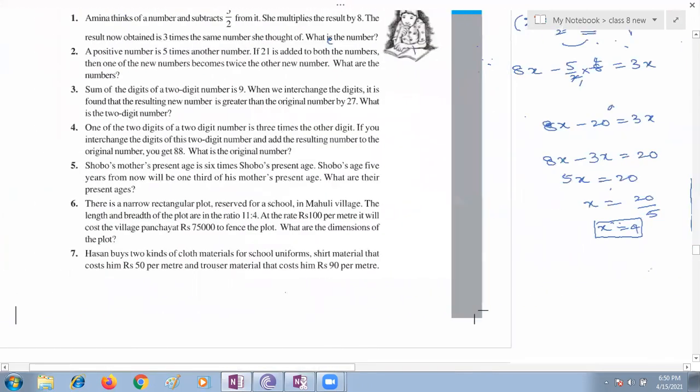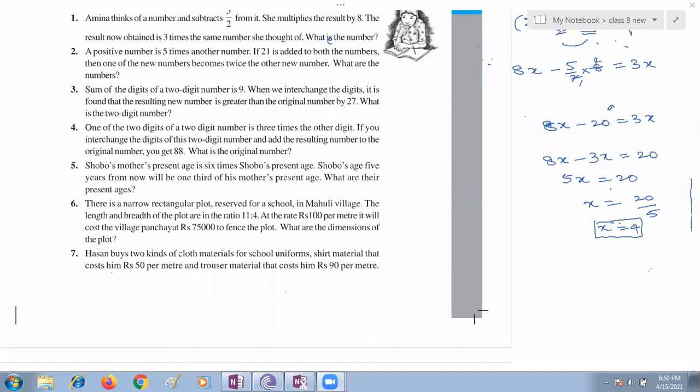Oh, come on, children. The sum of the digits of a two-digit number is 9. When we interchange the digits, it is found that the resulting new number is greater than the original number by 27. What is the two-digit number? It's a wonderful question, children.